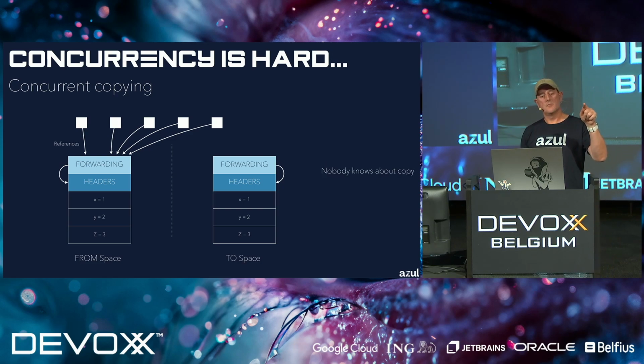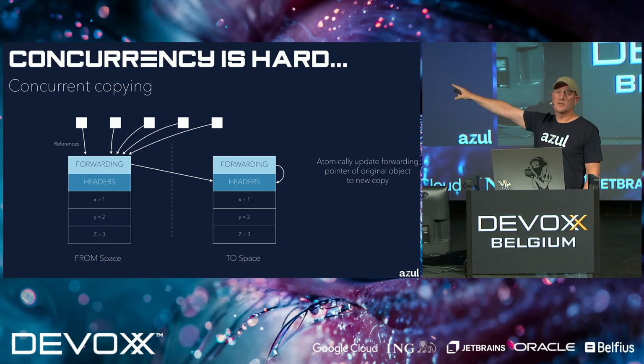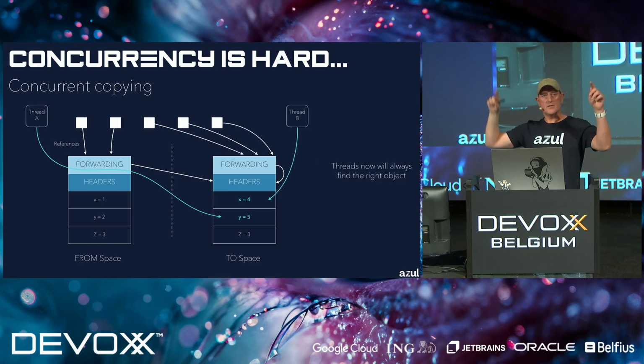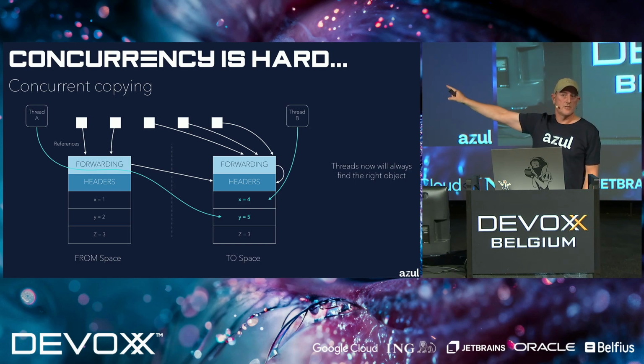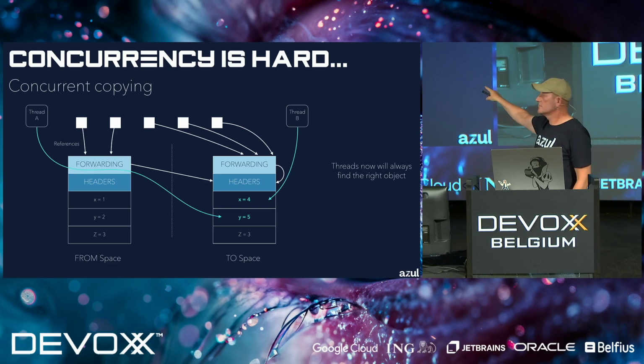Before we start updating the references, we just update this forwarding pointer to the new object. And now whatever the threads access, everything will go to the right object, because of this forwarding pointer in the original object. We moved it to the new object. That's the idea of a Brooks pointer.